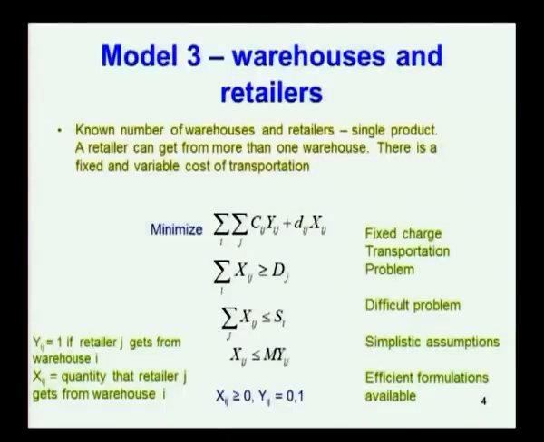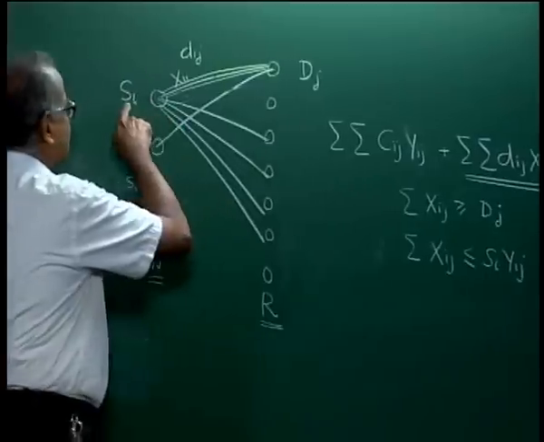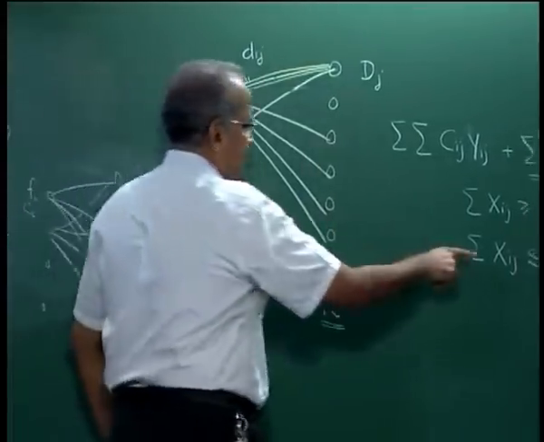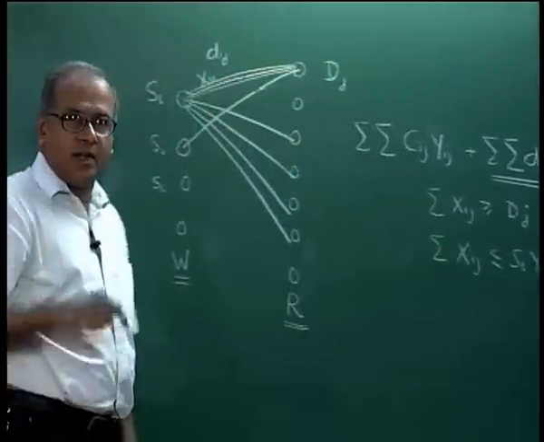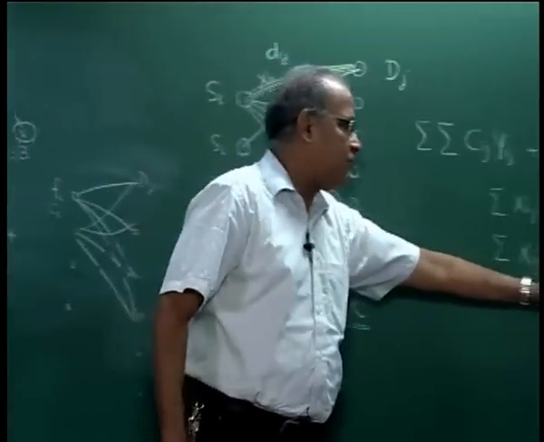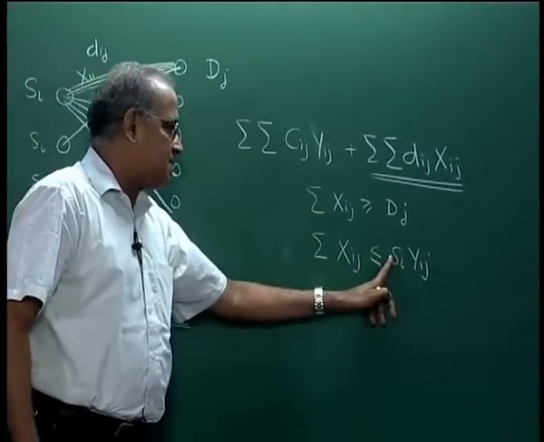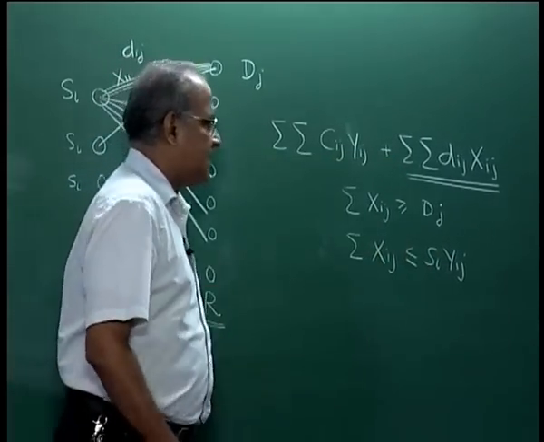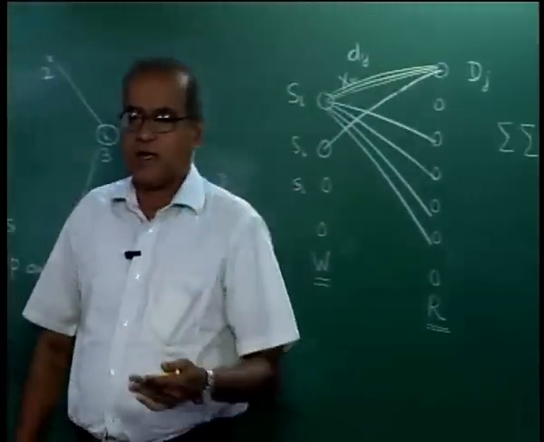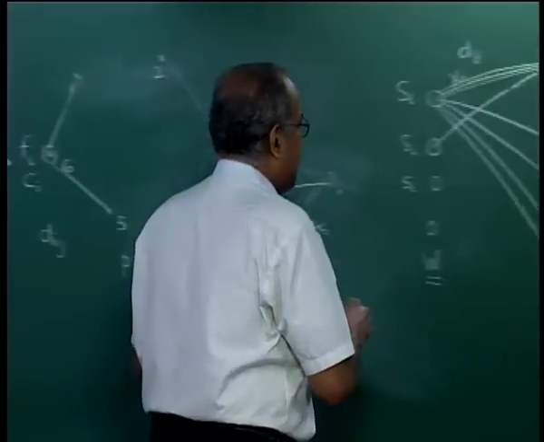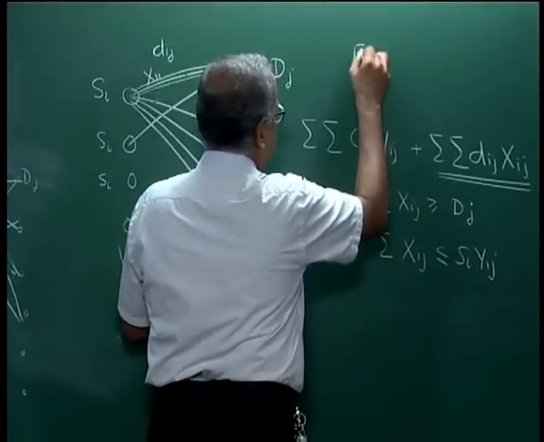They can be brought together into a single constraint, which will say that this supply or capacity of Si is available only when, to meet the requirement of a Dj partly, only when we choose the route ij. So, only if Yij is 1, this in whole or part is available for this. So, this is the constraint. Yij will be binary and Xij will be a quantity. So, this is called fixed charge transportation problem.